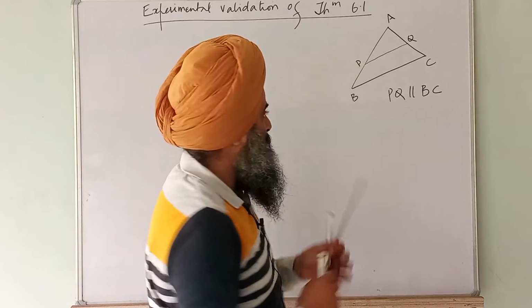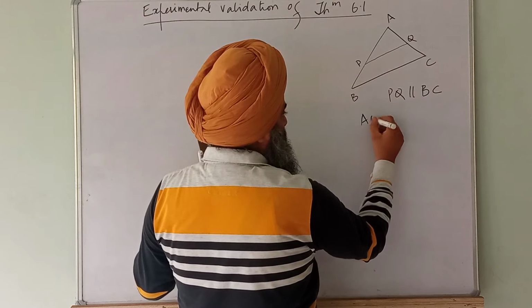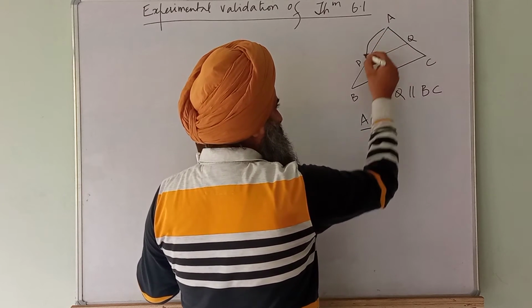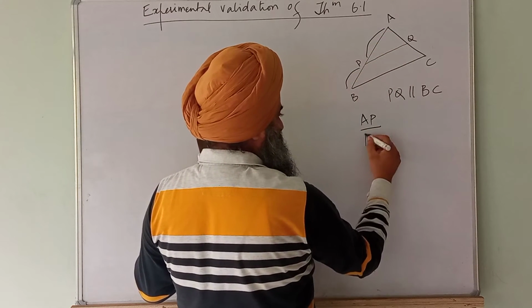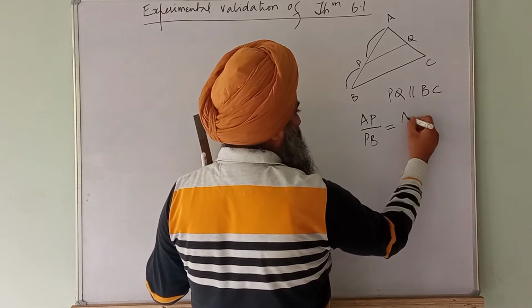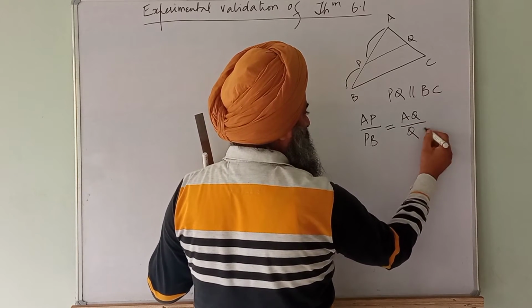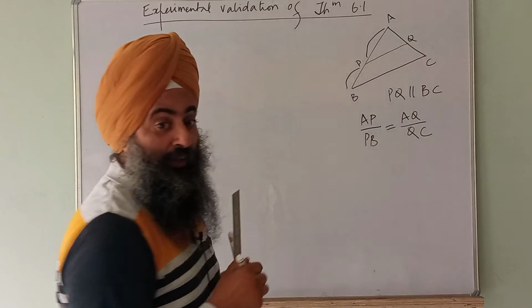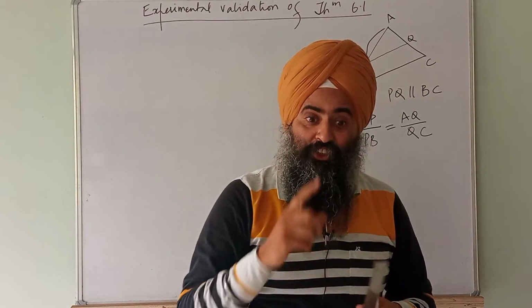That means AP by PB is equal to AQ by QC. This is the theorem. We want to experimentally check this theorem.